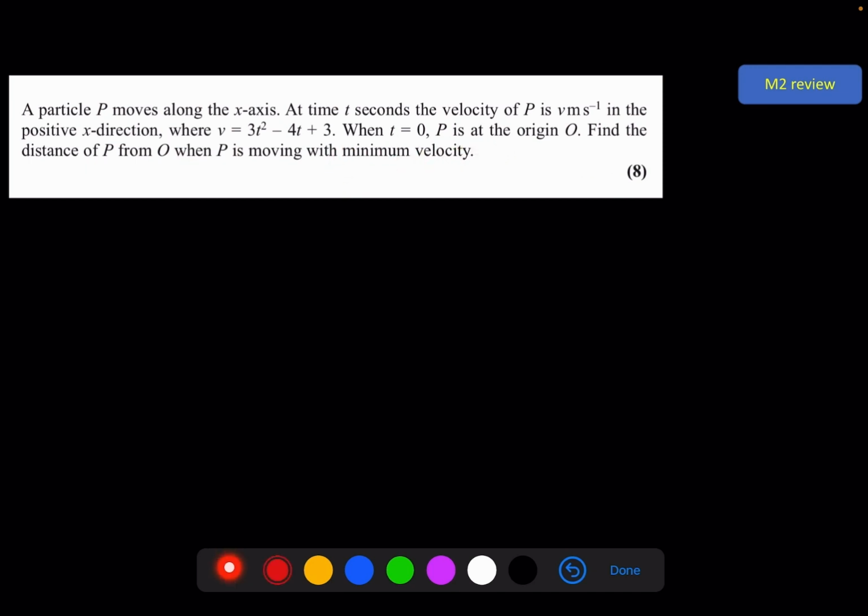To find the displacement, we can remember that dx by dt is equal to v, therefore the integral dx is equal to the integral v dt. So we can take this expression 3t squared minus 4t plus 3 and integrate it with respect to t to find x.